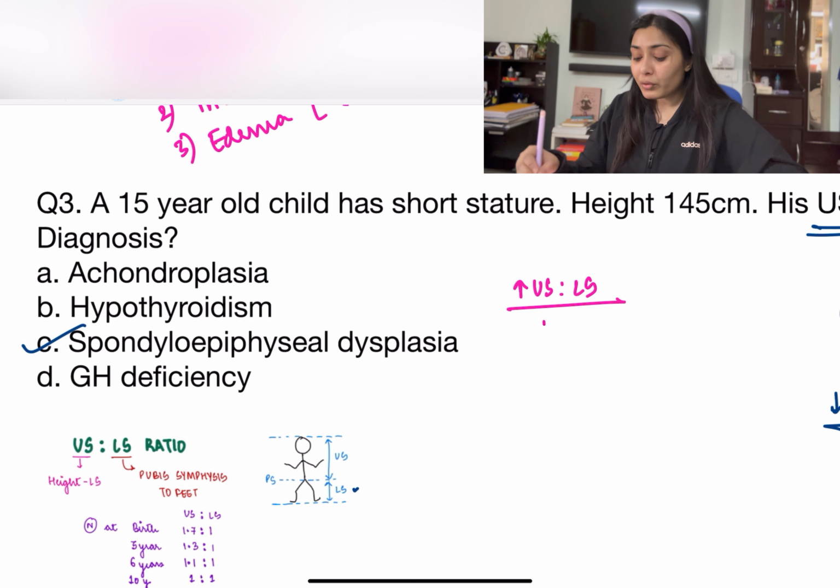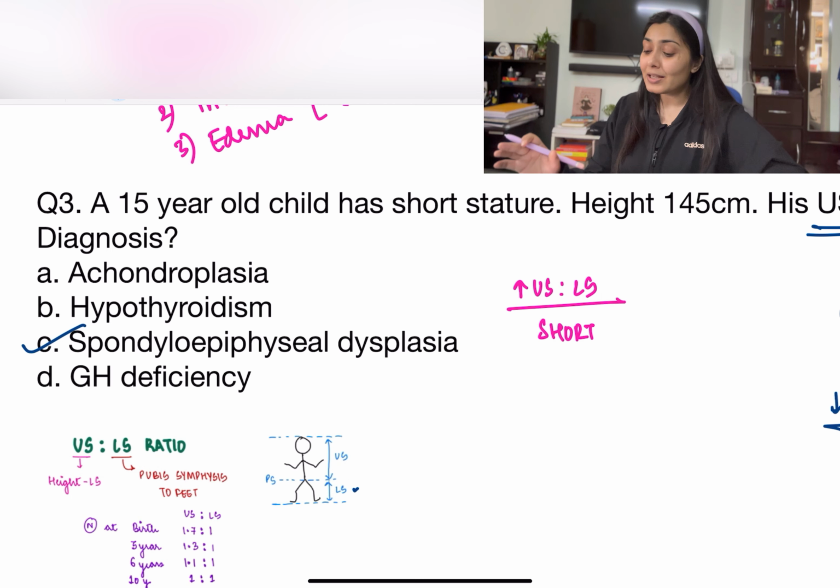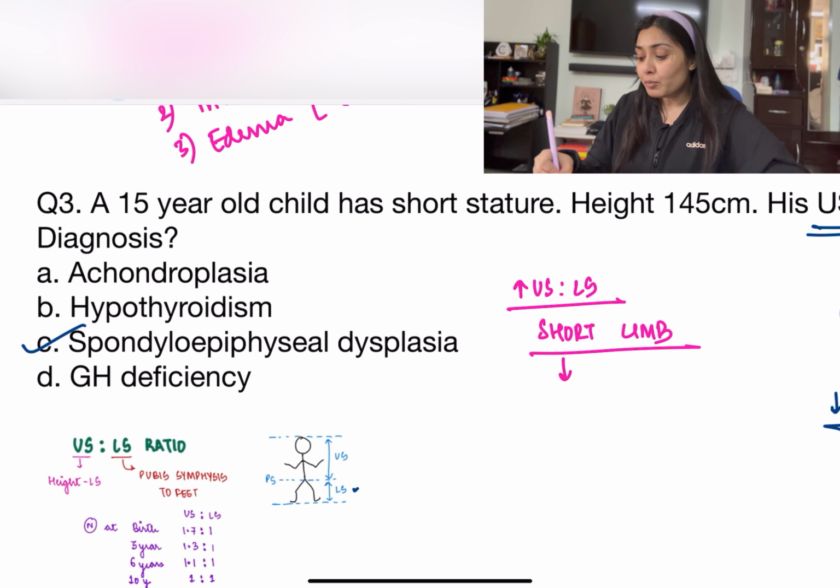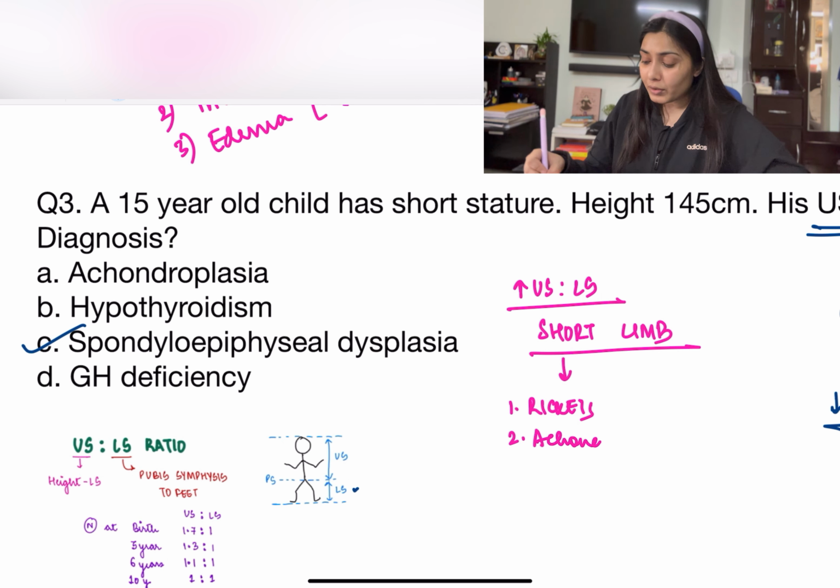And remember the 3 conditions where you should see this short limb dwarfism. You should remember this even in your sleep. 3 conditions are rickets, achondroplasia, and congenital hypothyroidism, right?